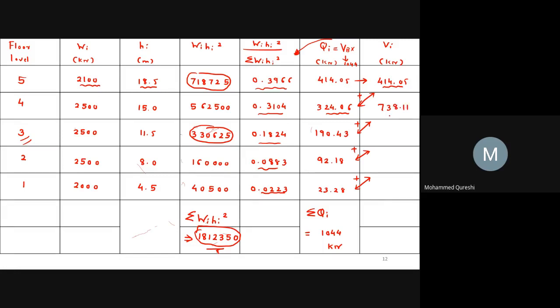Now 738.11 plus 190.43, so you will get 928.54. 928.54 plus 92.18, so you will get 1020.72, and 1020.72 plus 23.28 will be equal to 1044.00, which is equal to the VB.